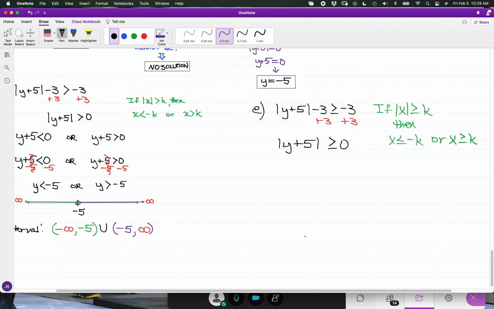Just like what we have here, with k at 0, negative and positive k will still be at 0, but we can still draw out the less than or equal to, as well as the greater than or equal to individual statements upon removal of the absolute value bars enclosing y plus 5. So we have y plus 5 is less than or equal to 0, or it could be that y plus 5 is greater than or equal to 0.